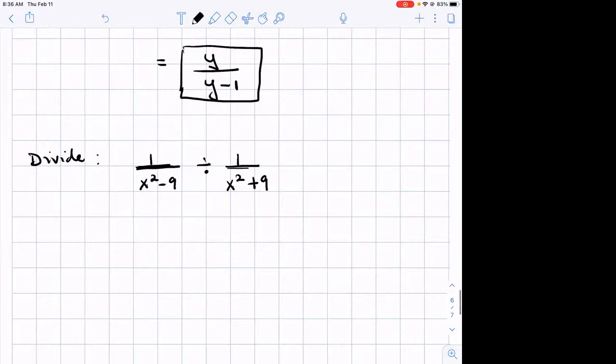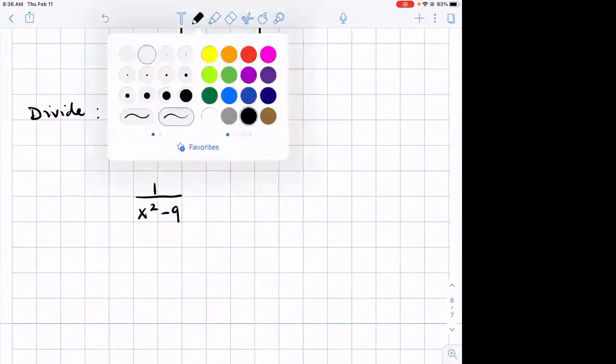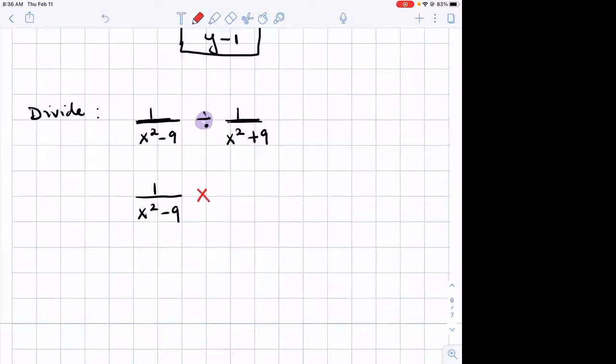So be very careful. Now we're dealing with a division sign, so we can't do anything yet. I always like to change that division sign first because sometimes we forget about it. So the first thing I usually do is write 1 over x squared minus 9, and I change that division sign to times.